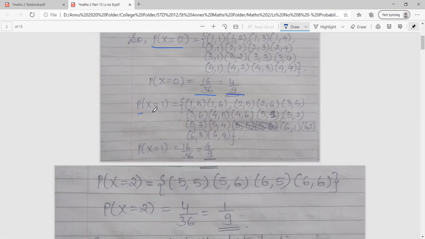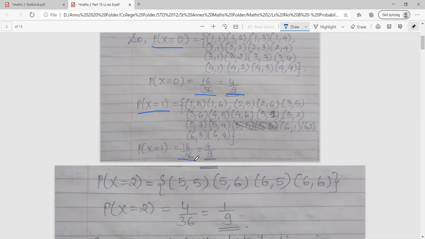Similarly, calculating probability of x equal to 1, at least one number is greater than 4. So 1, 5, 1, 6, 2, 5, 2, 6, 3, 5, 3, 6, 4, 5, 4, 6, 5, 1, 5, 2, 5, 3, 5, 4, 6, 1, 6, 2, 6, 3, 6, 4.